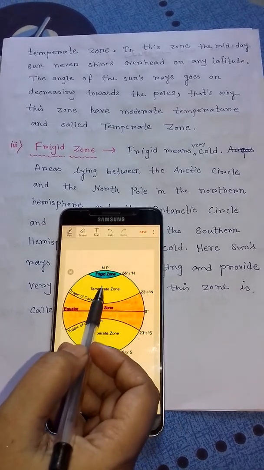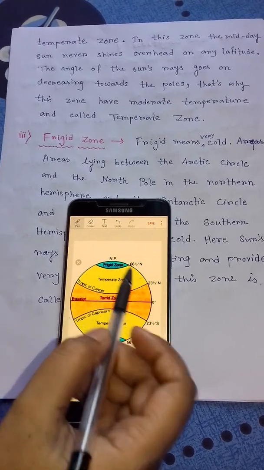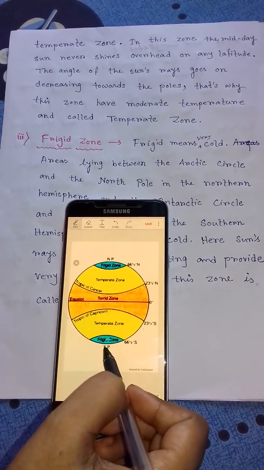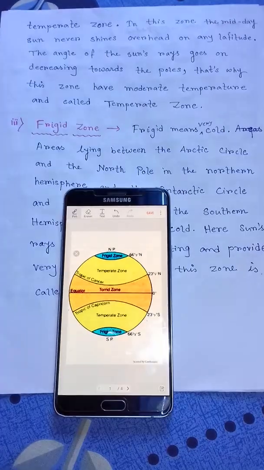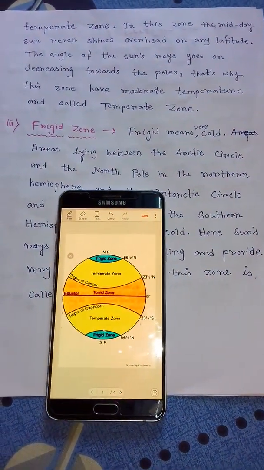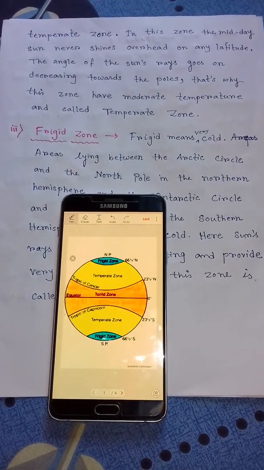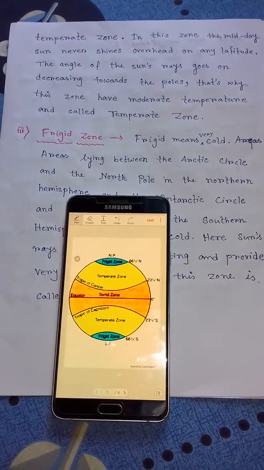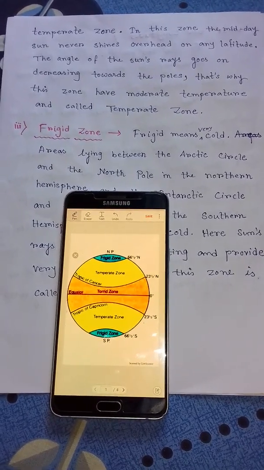As we go to the north pole or the south pole, the angle of sun rays becomes lower. That's why these zones have moderate temperature and are called temperate zone.